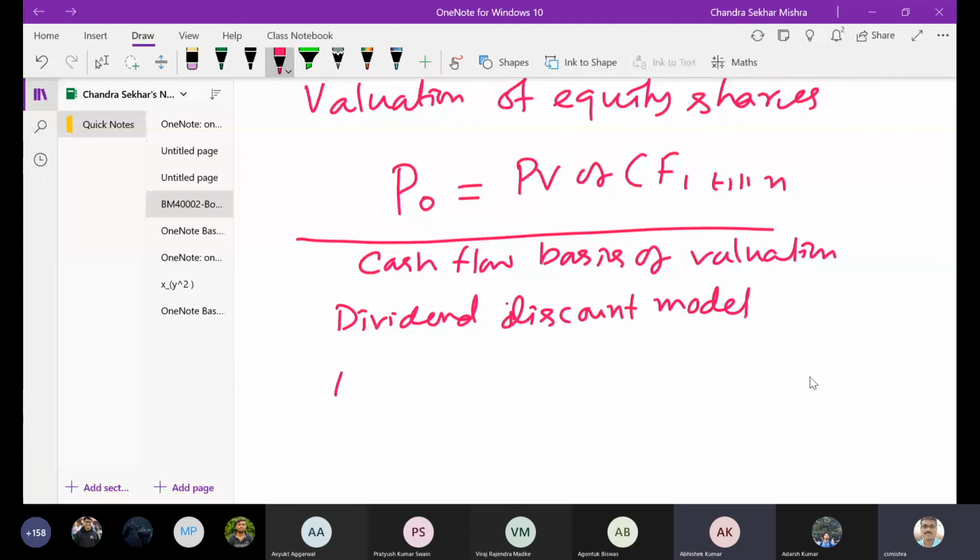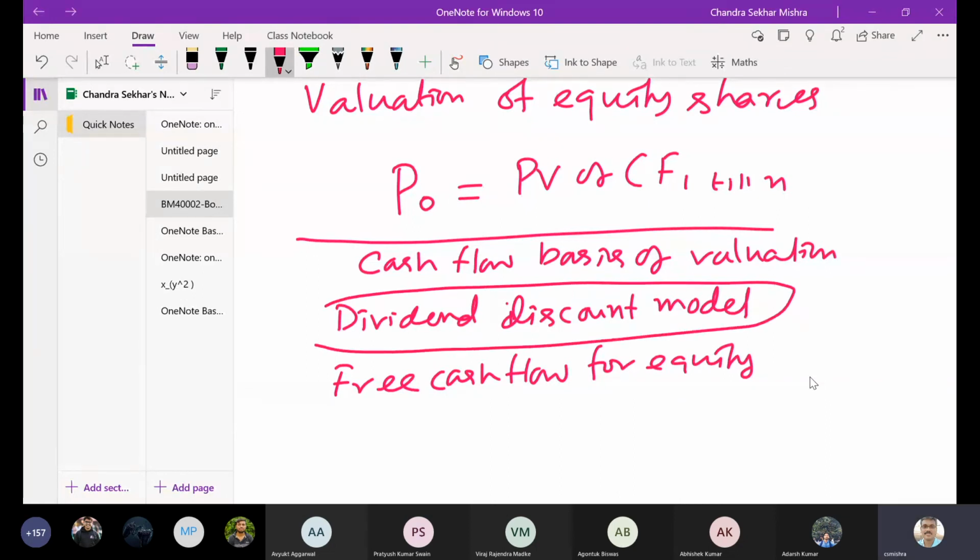Another is called the free cash flow model, free cash flow for equity. In this class we will not talk about free cash flow to equity. It will take a lot of time to explain. I'll talk about that towards the end of the subject. But I'll talk about the dividend discount model in this case.